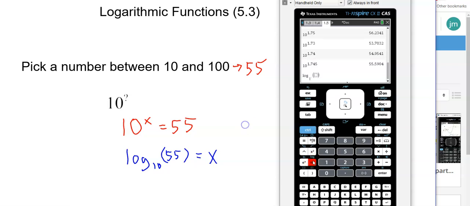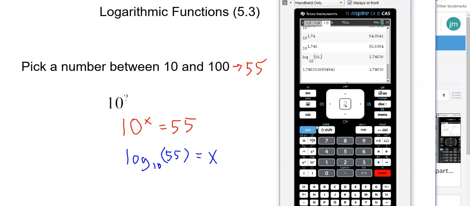So log base 10 of 55. I'm going to put a decimal in there just because I want a decimal answer, is 1.74036. Remember, we have trouble getting that. I knew it was 1.74. In fact, you could see more digits if you mouse up and press enter. But still, the exact value of that x value would be log base 10 of 55. So that's the exact value.